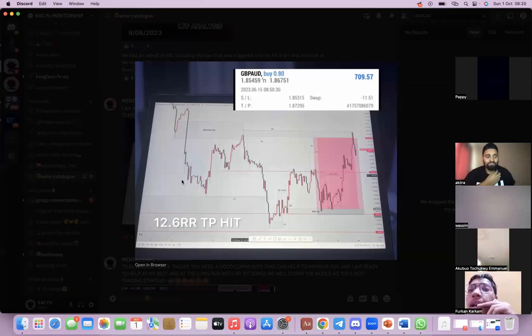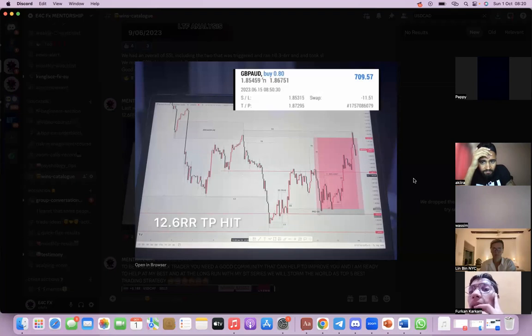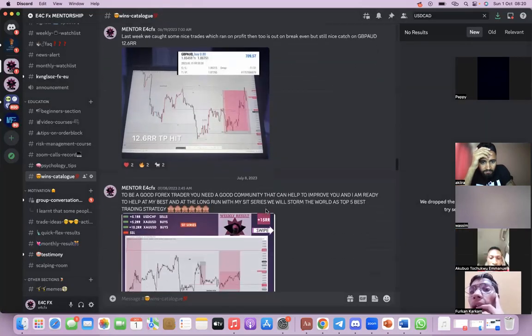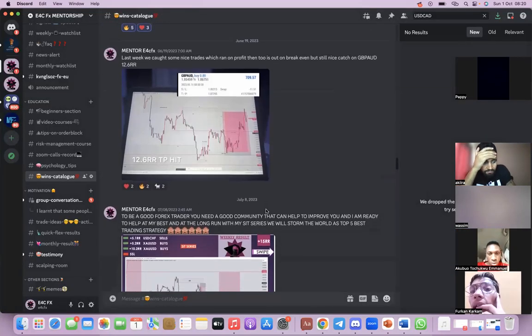But the specific thing is having an entry for that move, and that's what some people lack. Look at it here. I stated this in the group, and we held this even though it came to our entry. Sometimes, depending on where the price is going, you can pick one, two, three entries. That is when you have your edge. You understand? So this is the one we caught last week in June.